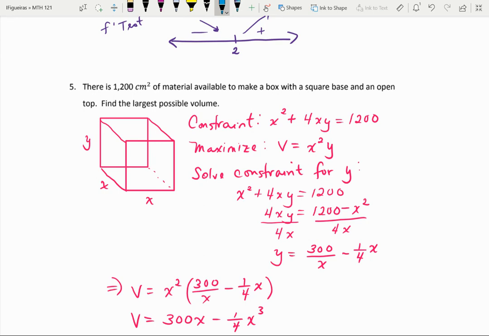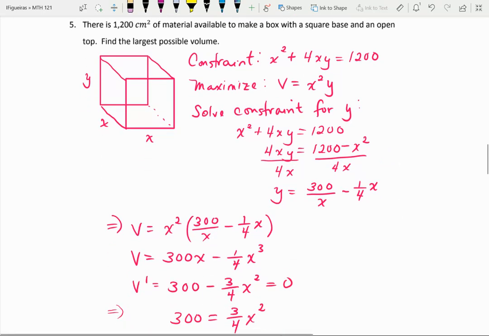Okay, so when you do that, I'm going to subtract x squared from both sides and divide by 4x. And when you simplify, you get that y is equal to 300 over x minus 1/4 x. So that's the value that you plug into your volume formula.